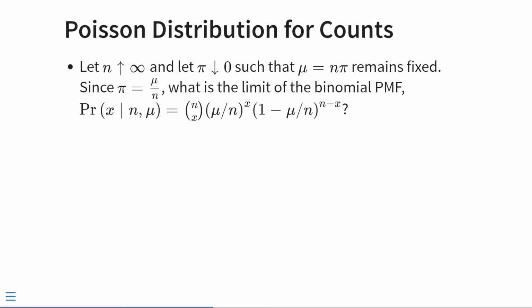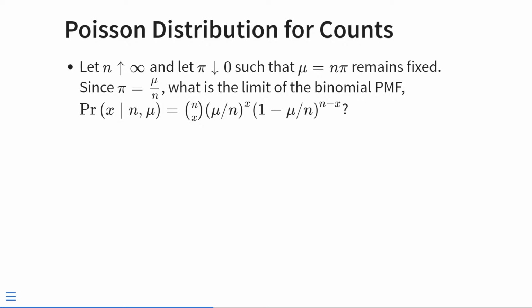So to make this a little bit more interesting, but perhaps a bit contrived, we're going to let n go to infinity at the same rate that we let pi go to 0, which is to say mu, the expectation of the binomial, which is n times pi, remains fixed as n gets big and pi gets small. So n is increasing at exactly the same rate that pi is decreasing, so that mu is a constant that is fixed.